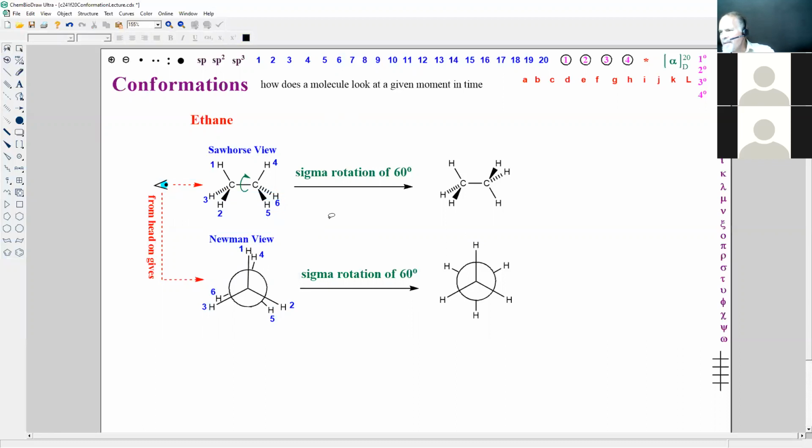When I do my sigma rotation, I'm not rotating this carbon. I'm going to keep it the same. As you can see here, that carbon didn't change. And the back carbon, if I rotate in that direction, this used to be here and I rotated it 60 degrees. It's going to end up on a dash about right there.